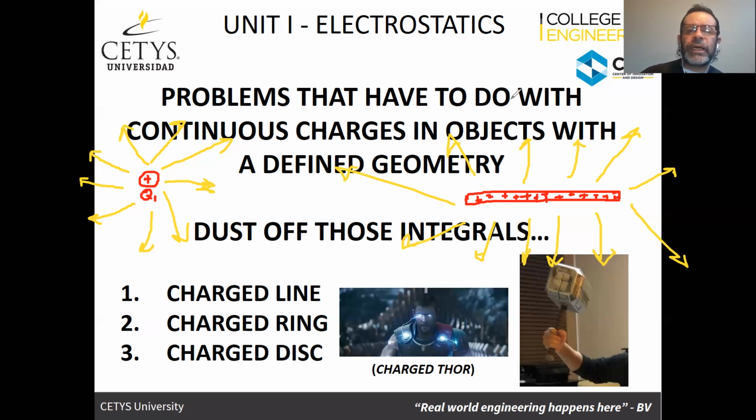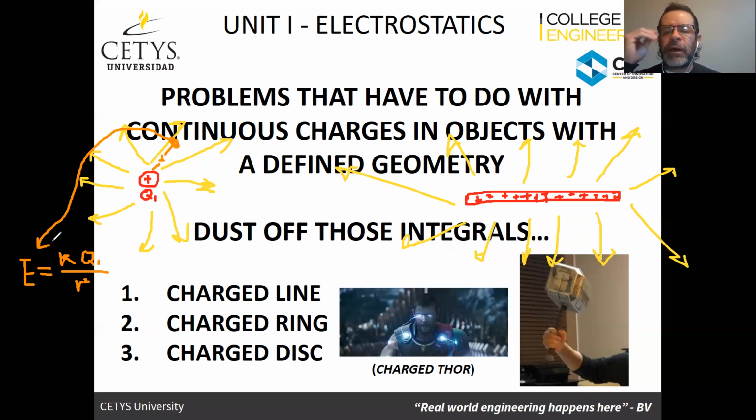Now, we know that there's a relationship that defines the electrical field for this point charge that says that E equals K multiplied by the charge, which in this case is Q1, divided by the square of the distance. So like Lucia was saying, if I put myself here at a certain distance R, then the electrical field is going to have this magnitude, right?